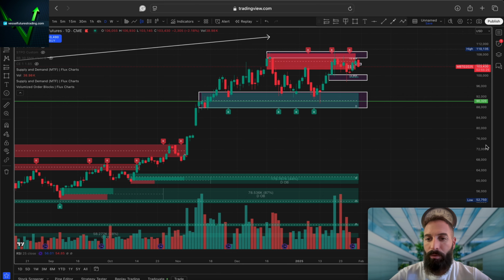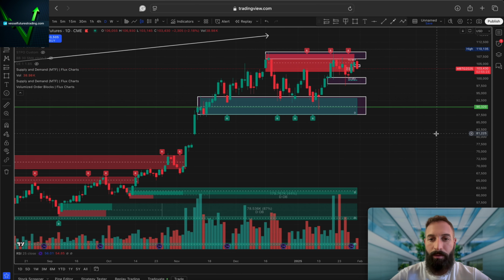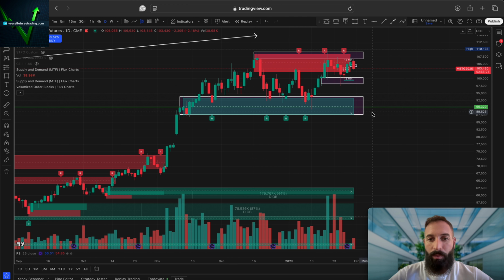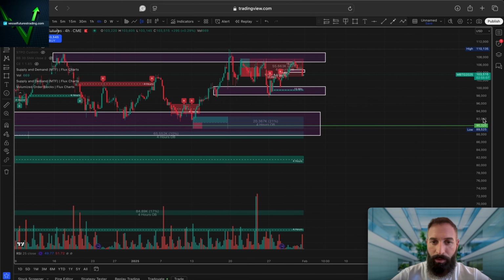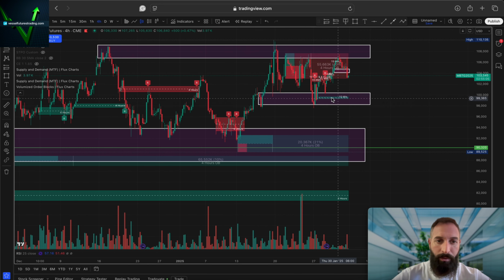We're also going to go down to the 15 minutes interval to check the possible entry points. As we see over here, we marked a major supply area on the top and a major demand area on the bottom. Going to the 4-hour interval, we can see how the price behaves when it reaches those areas.